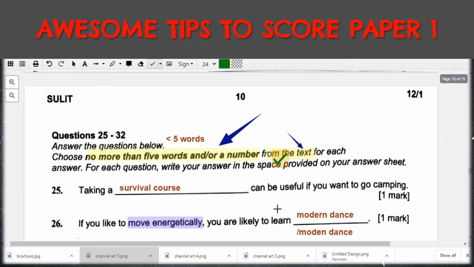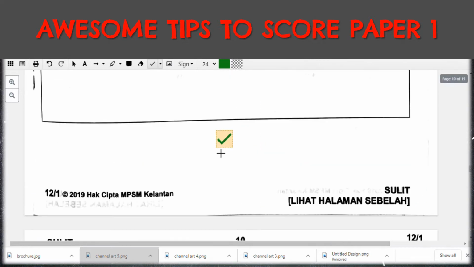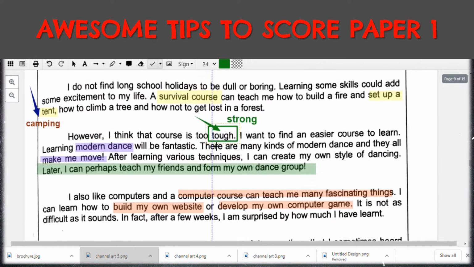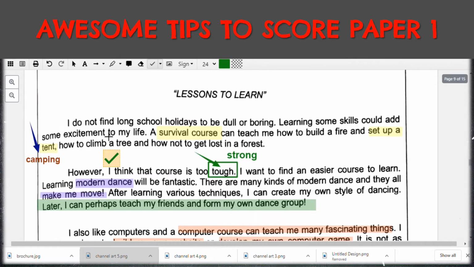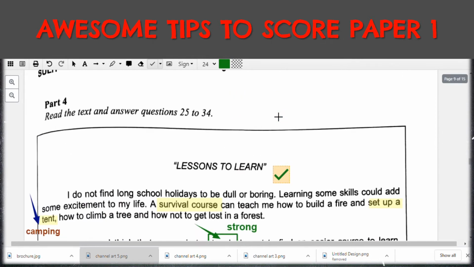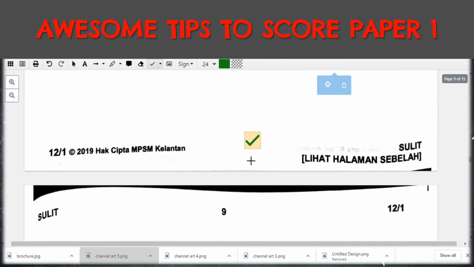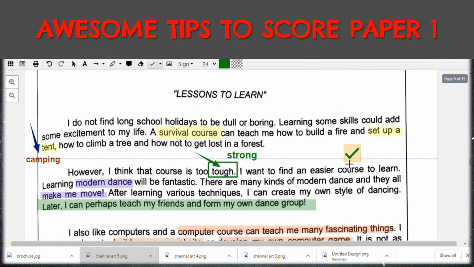Okay. Now, taking what can be useful if you want to go camping. Go camping. So here, look at the first paragraph. Lessons to learn. A survival course can teach me how to build a fire and set up a tent. So when you go camping, they only set up a tent, right?